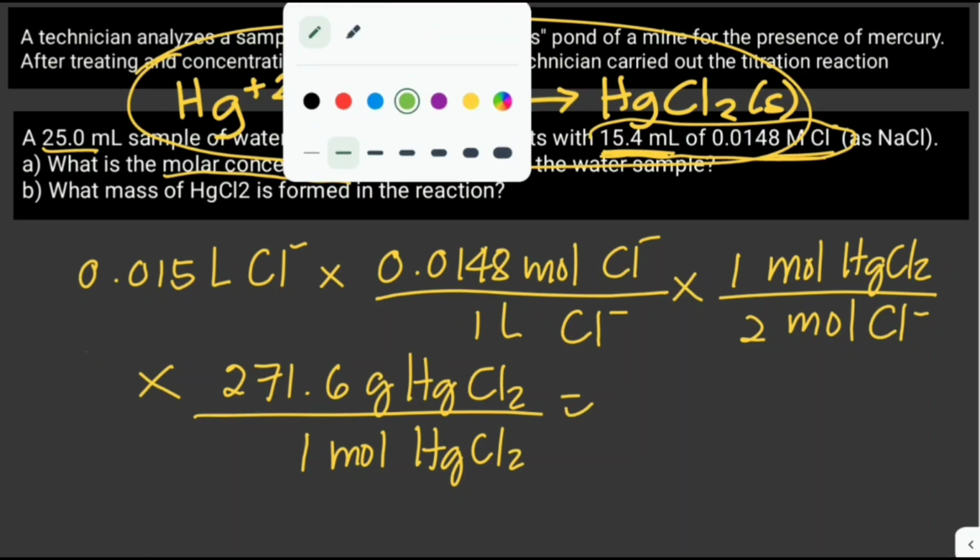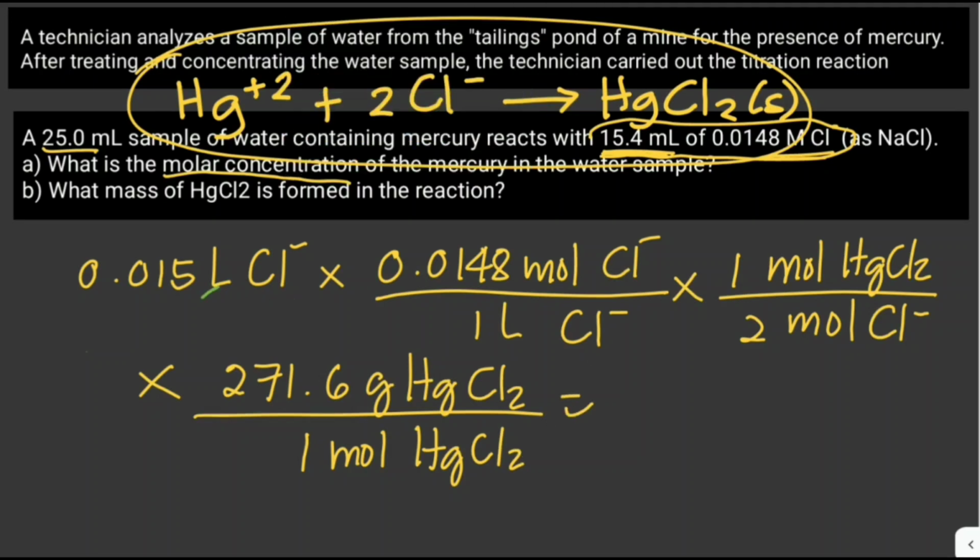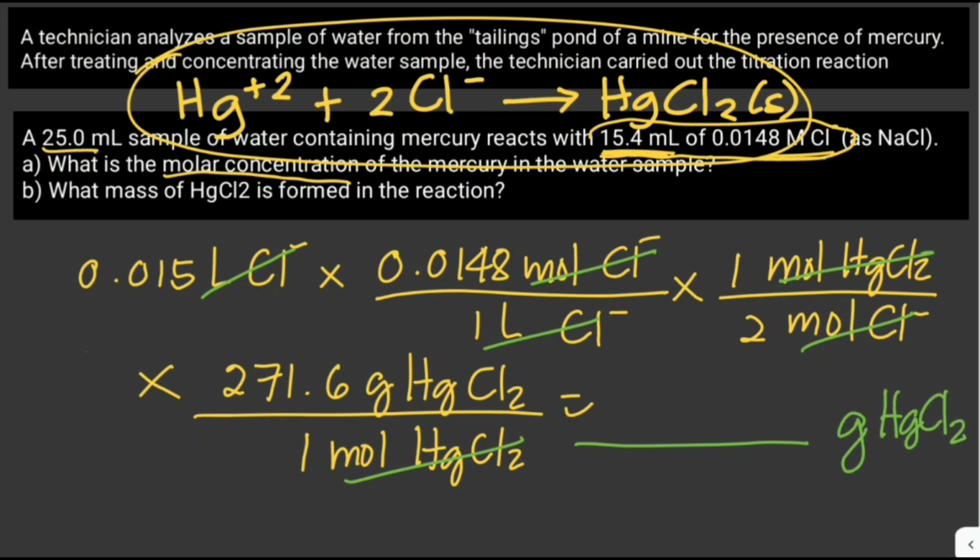Right, so let's cancel all those units. We're left with grams mercuric chloride. So we can now calculate that.